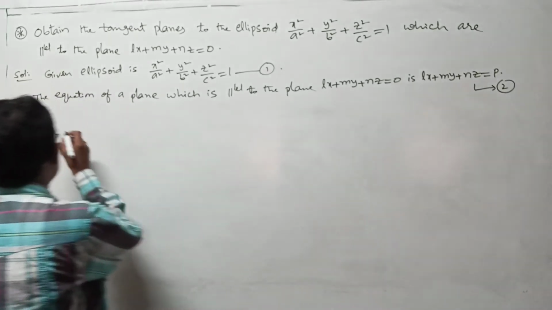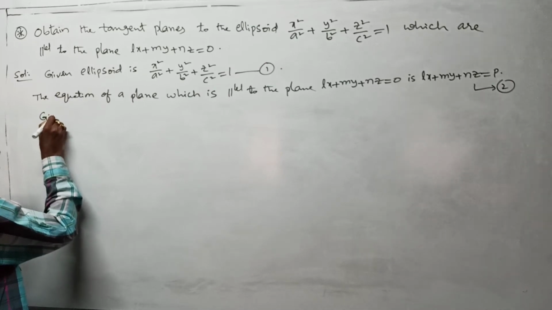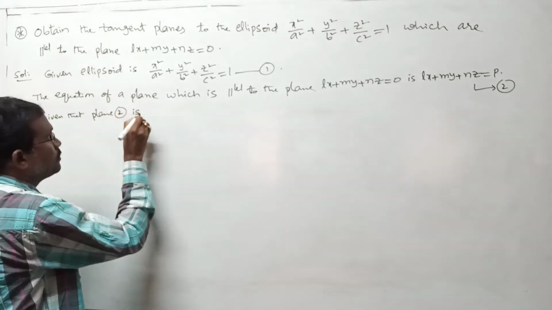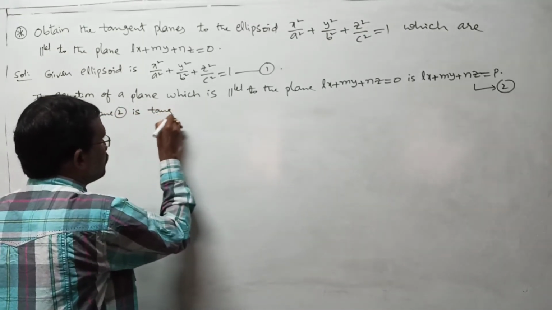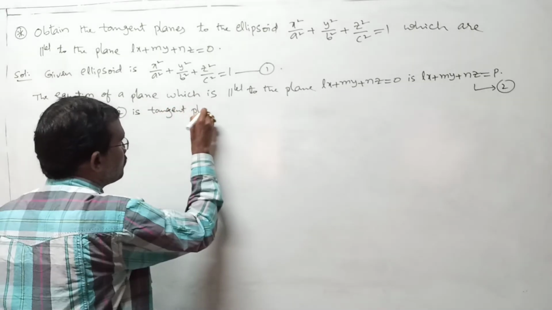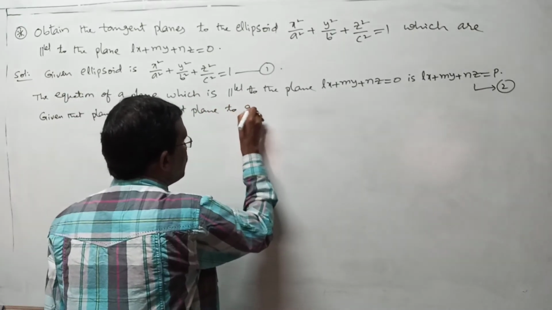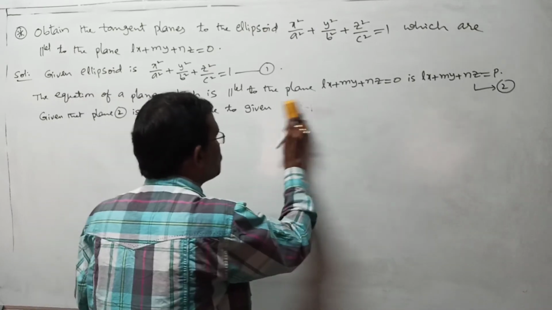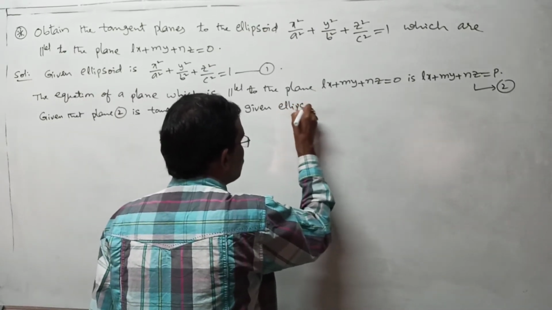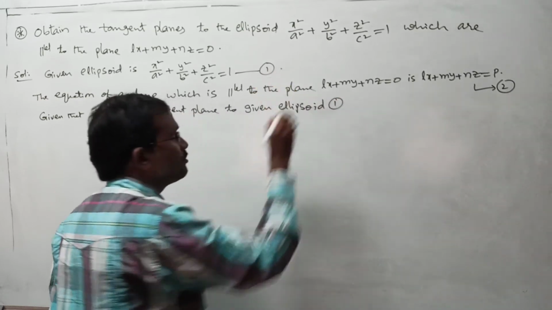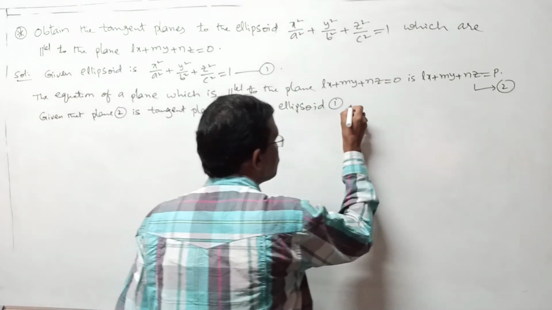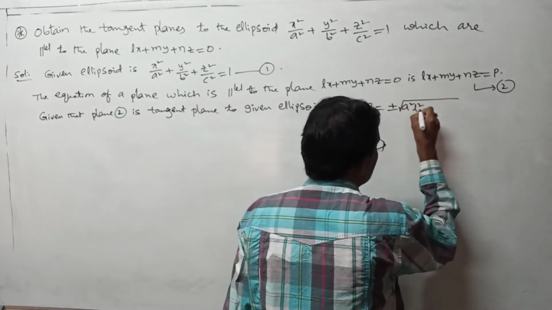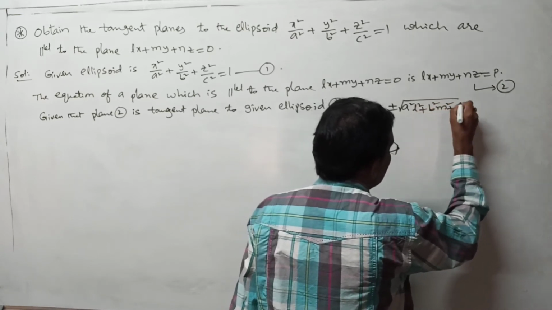Given that plane equation number 2 is a tangent plane to the given ellipsoid, that implies P is equal to plus or minus the square root of a²l² + b²m² + c²n².